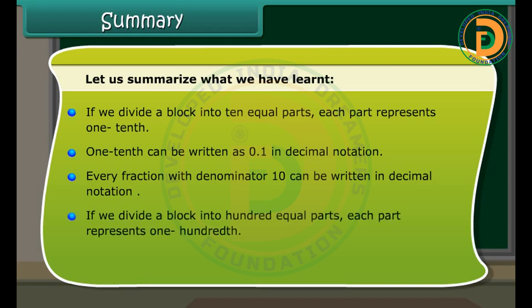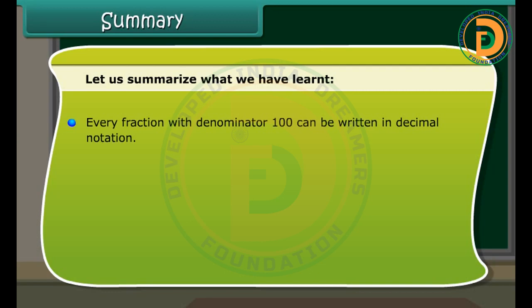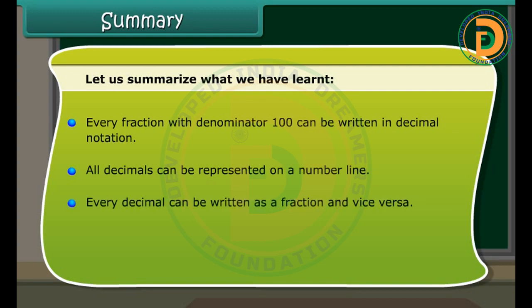If we divide a block into 100 equal parts, each part represents 1/100th. 1/100th can be written as 0.01 in decimal notation. Every fraction with denominator 100 can be written in decimal notation. All decimals can be represented on a number line. Every decimal can be written as a fraction and vice versa.